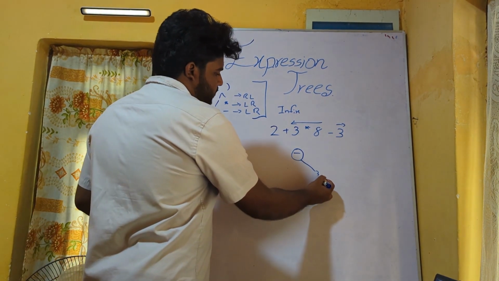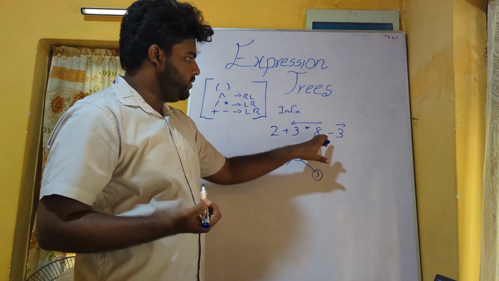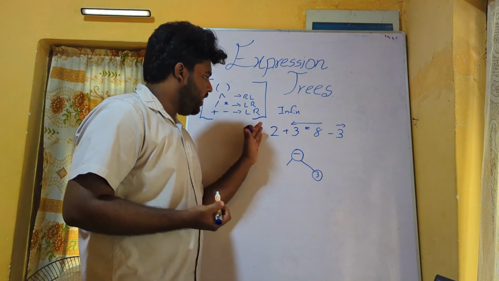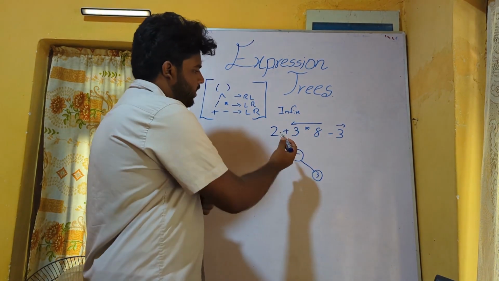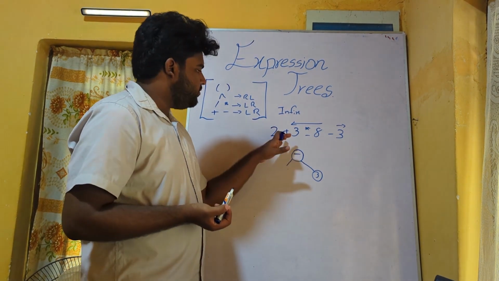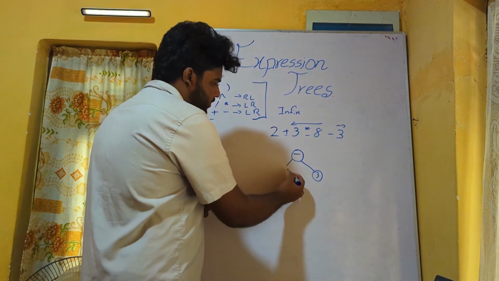So I can simply write 3 here and keep it as a leaf because this is not an expression. So again, scan from left to right. I can find addition and multiplication. Since addition is the least precedence operator, we need to write that first.